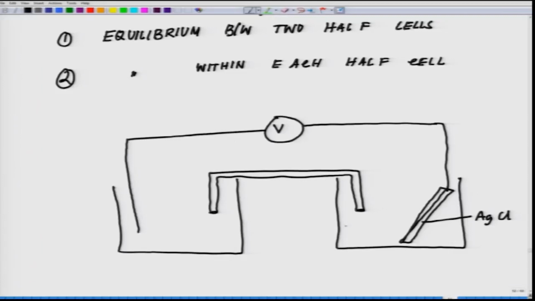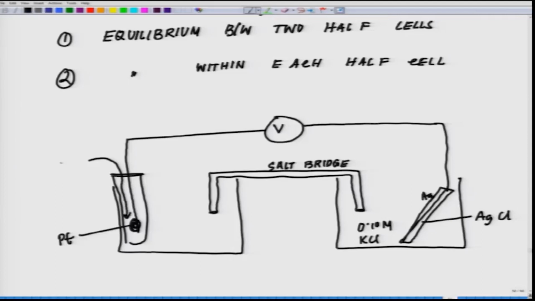Okay. And this is in 0.10 molar KCl. Okay. This is Ag. And this is your salt bridge. And here you have the typical hydrogen electrode with platinum, and you have hydrogen at 1 bar, right.